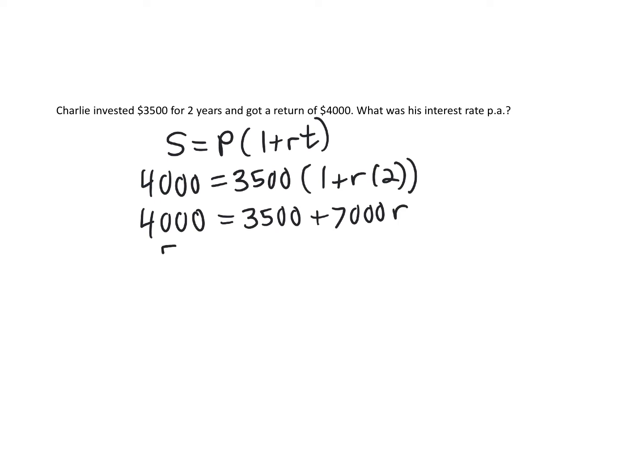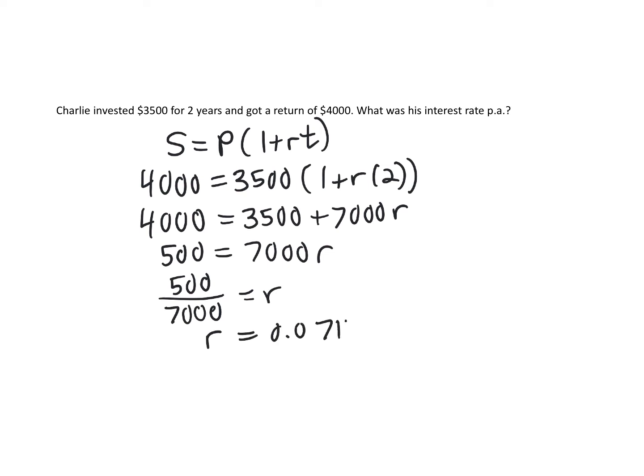Subtract by 3,500 on both sides. Divide both sides by 7,000. And we get R to be approximately 0.07143 or 7.14% per annum.